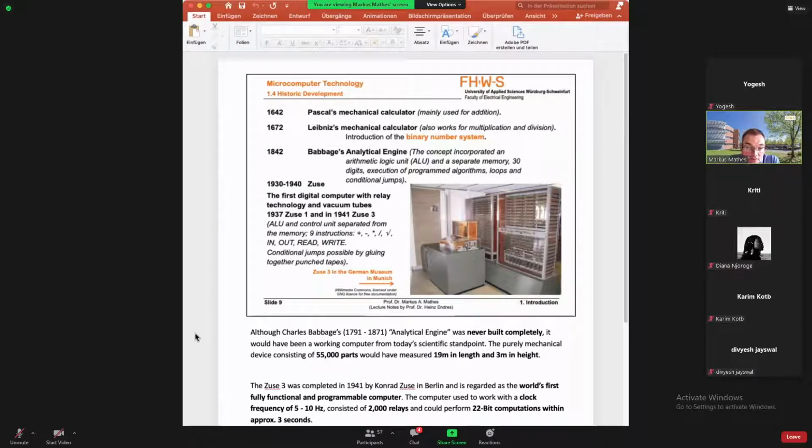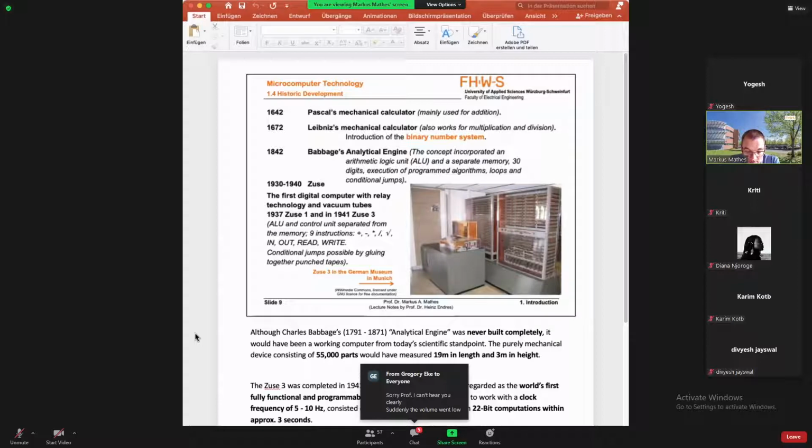And with this mechanical calculator by Leibniz, there was also the introduction of the binary number system. Binary number system, that was our first lecture in the first class. You see, the binary system is really old. But if something is used for so long, you can be sure that it's an error-free system. You can use it also for the next 100 years.